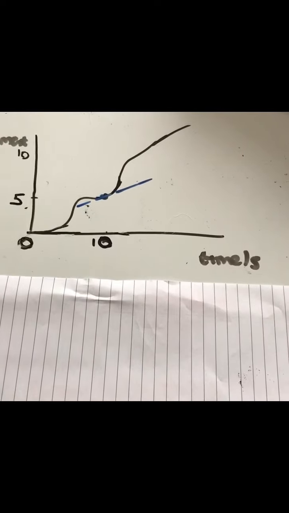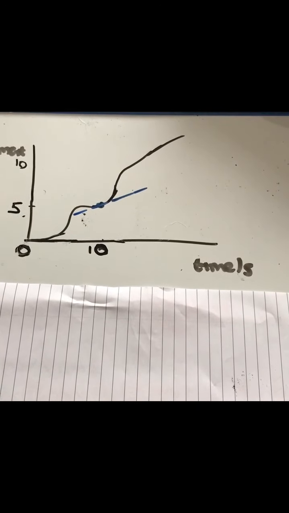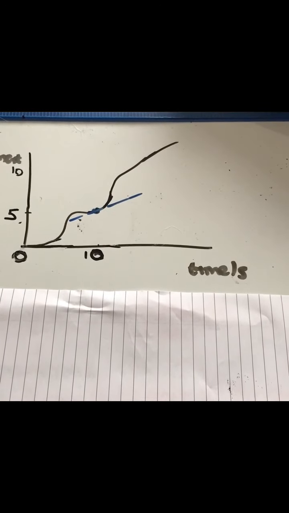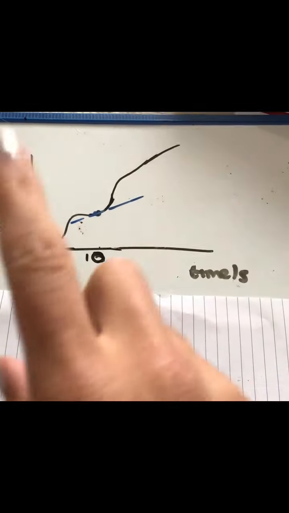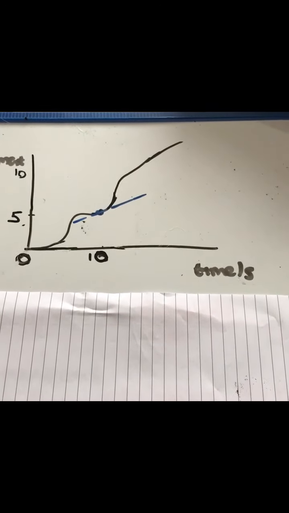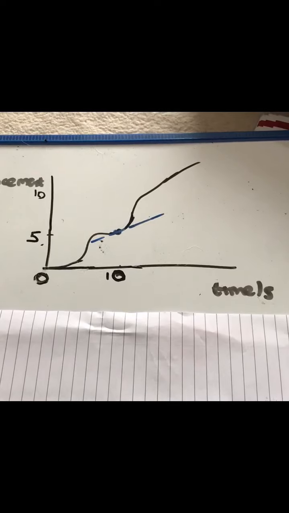So, as I said previously, we can find the velocity by calculating the gradient of the displacement time graph. Now, if we're looking at the average velocity, which is an average, we actually just go to the point.